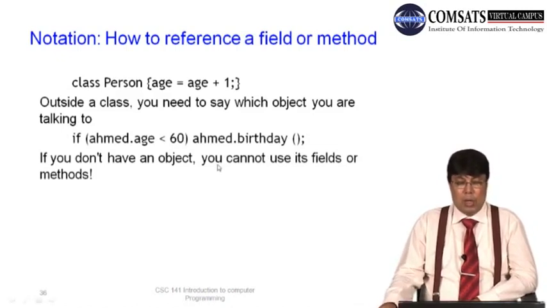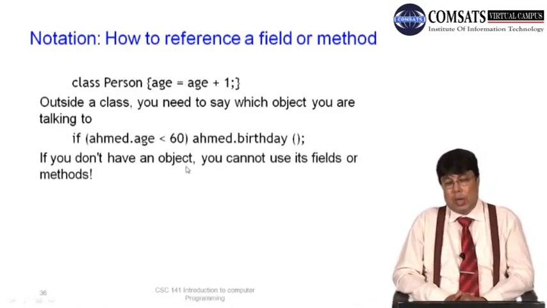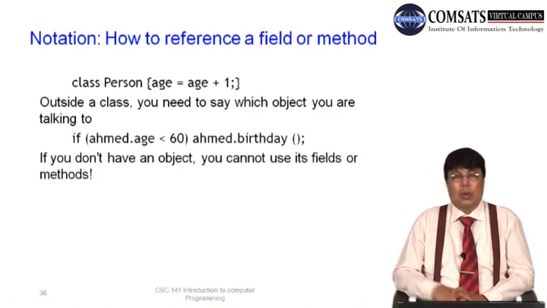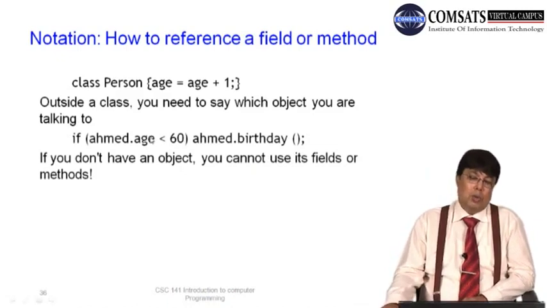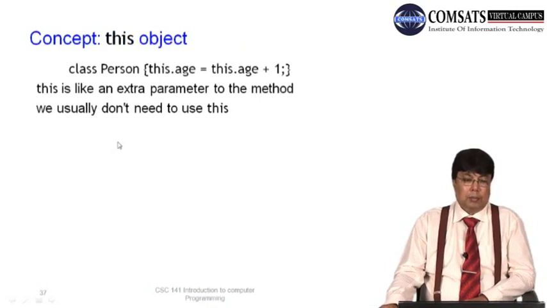So if you don't have an object, you cannot use its field. It means that you can only do that if you have created the object Ahmed. Without creating the object Ahmed, you cannot use that.